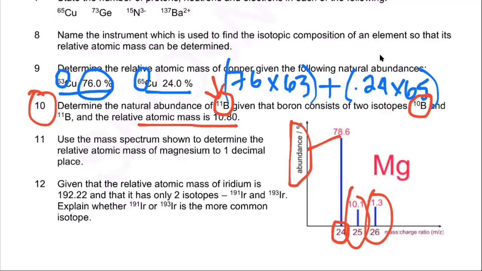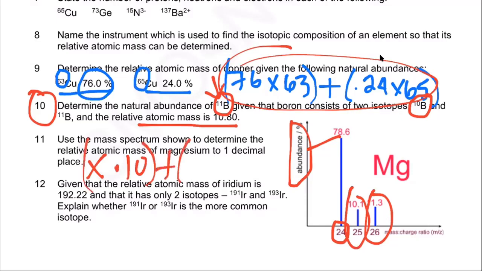And so what you would do is, just like I set up this one and I did mass times the percent, I would say, okay, well, the one of them, maybe the one that's 10, I'm going to call its percent X. And so I would do X times 10 plus, and then the other one, I would have to do 1 minus X times 11.